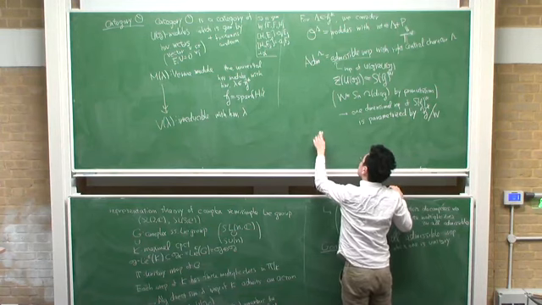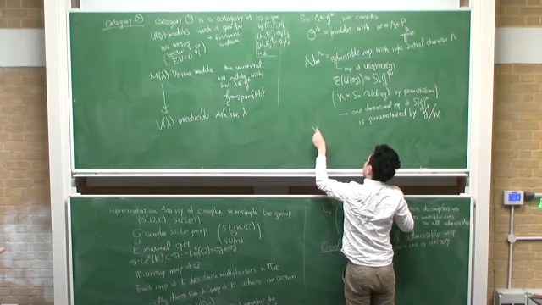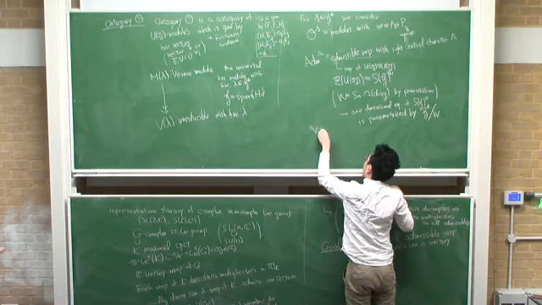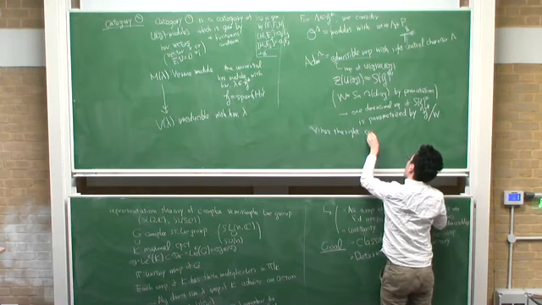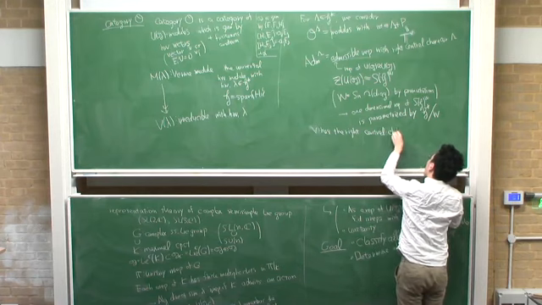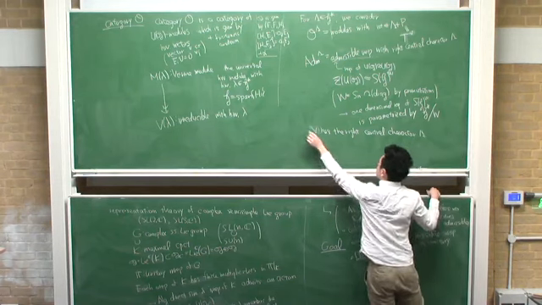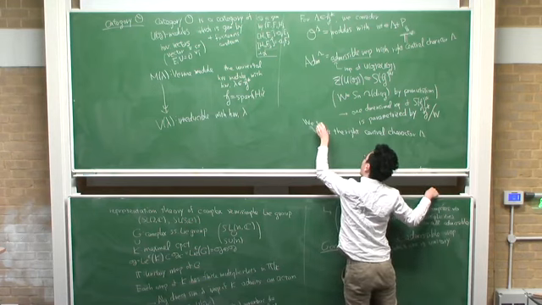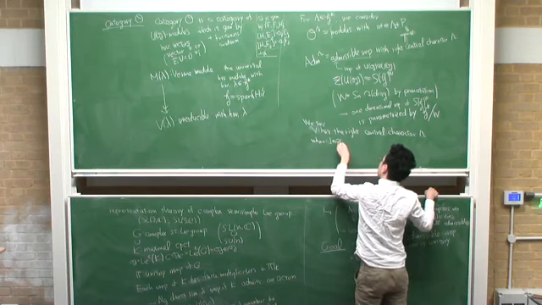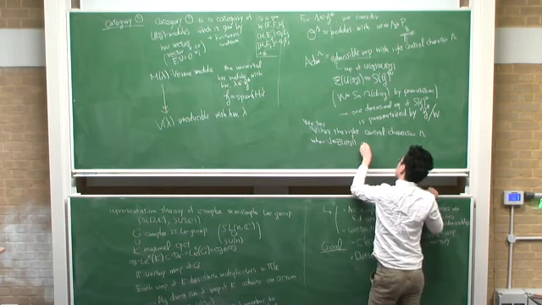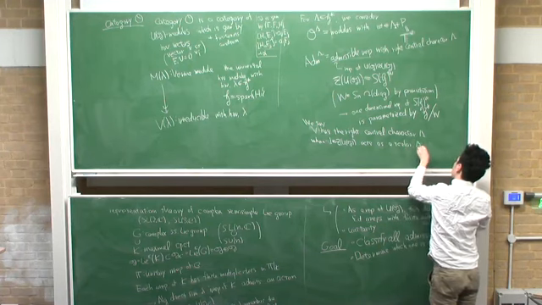So we say the admissible representation has right central character lambda when the one tensor center acts as a scalar lambda.